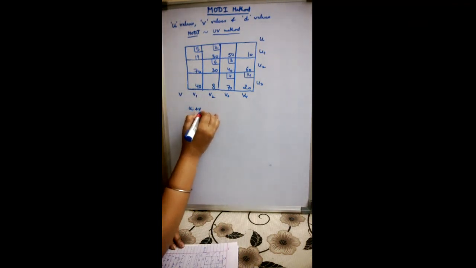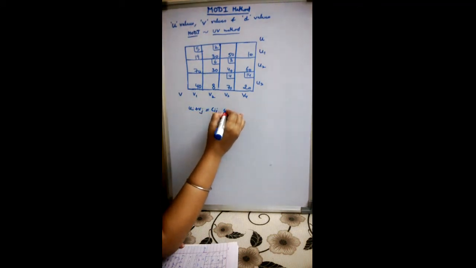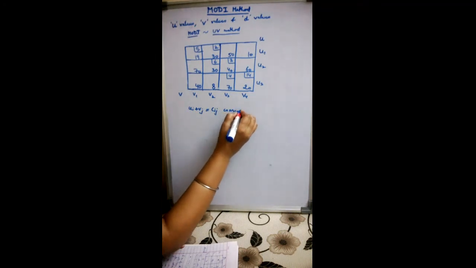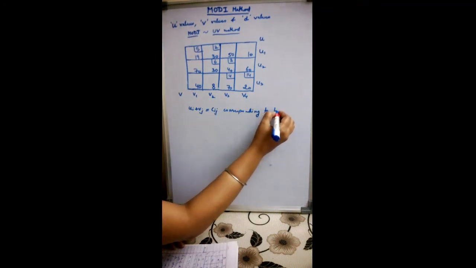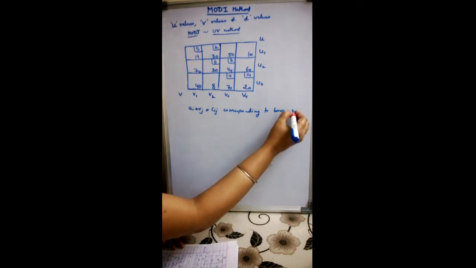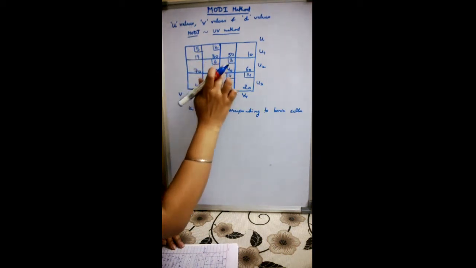By using the formula ui plus vj is equal to cij corresponding to basic cells. So these are the basic cells where there is an allocation.